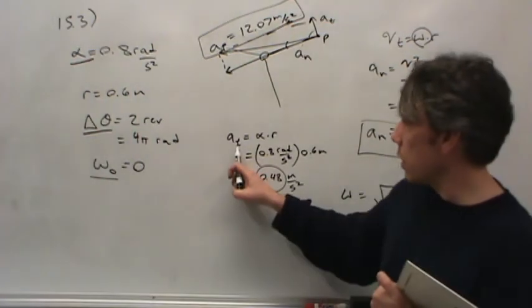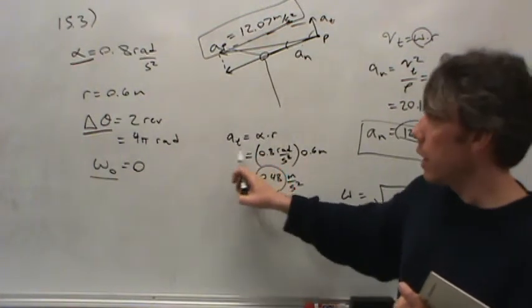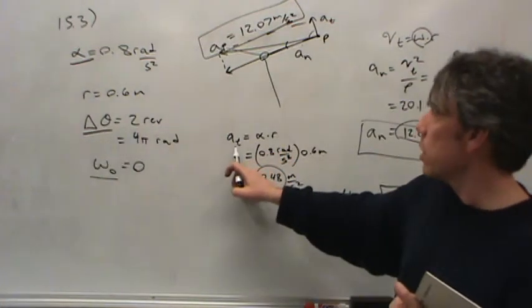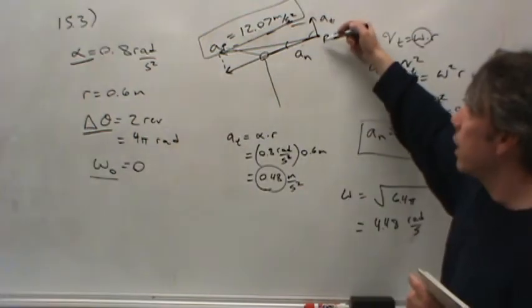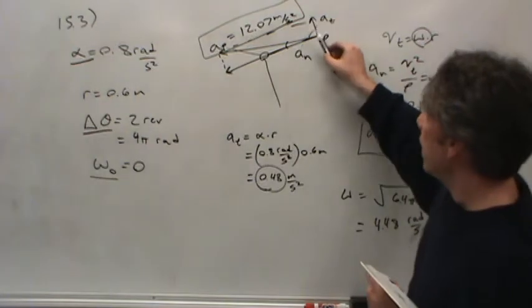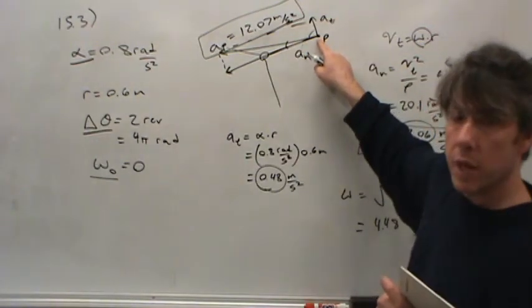Well, the tangential acceleration is just proportional to the distance and the angular acceleration. The angular acceleration is a constant, the radial distance is a constant. So the tangential acceleration will remain constant. The normal acceleration will increase because the tangential velocity is increasing. So do you see what's happening? Initially, how much normal acceleration is there at point P when it's not rotating?